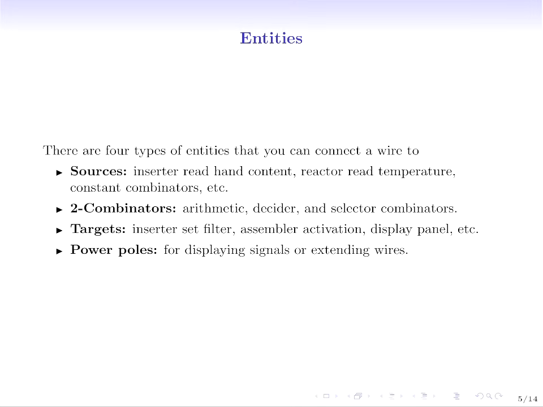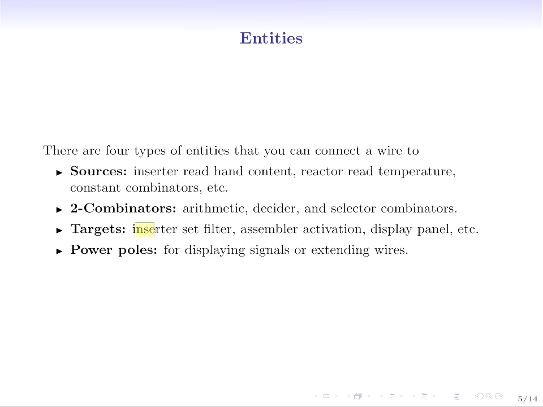Now entities, I have categorized them into 4 types. A source, which generates a signal, such as an inserter where you can read its hand, or a reactor where you can read the temperature, or a constant combinator which can simply record some information. A combinator is one of the 3 special combinators of arithmetic, decider, or selector combinators.